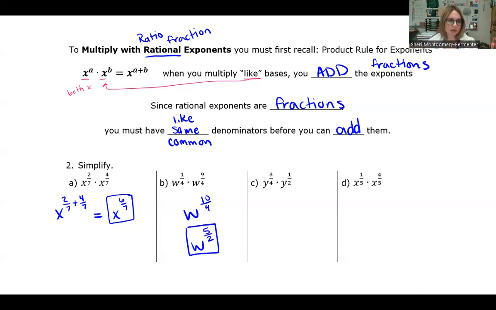C, is the denominator the same? That's okay. I can make 2 turn into 4. How? What would I multiply by? 2. So the thing is that I can't just multiply by 2 on the bottom. I have to multiply by 2 on the top. Technically, anything over itself is 1. So you can multiply anything you want by 1. You're not really changing it.